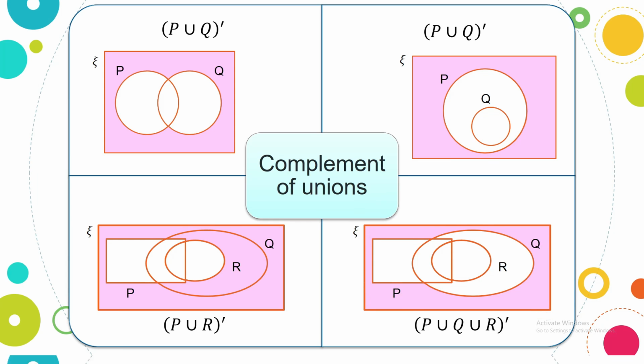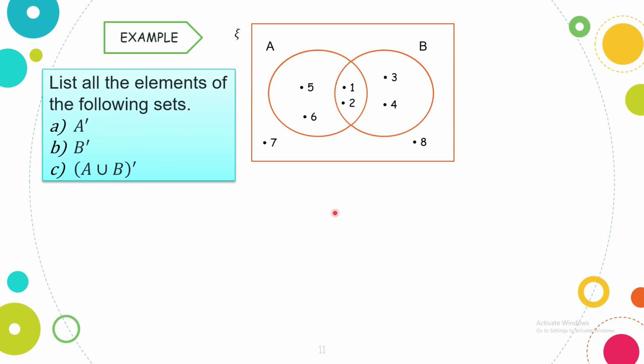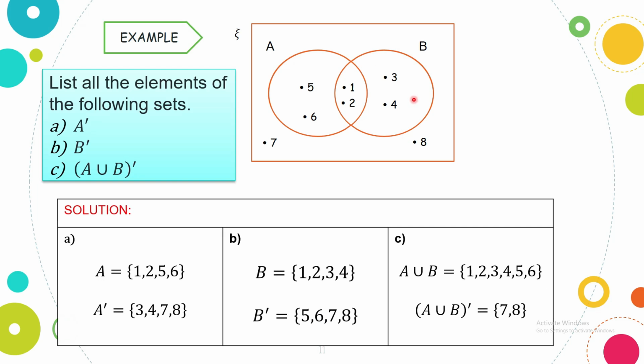Okay, for the example, list all the elements of the following sets. It's given a Venn diagram just like this. This circle is set A and this circle is set B. So for the solution, we take a look one by one.